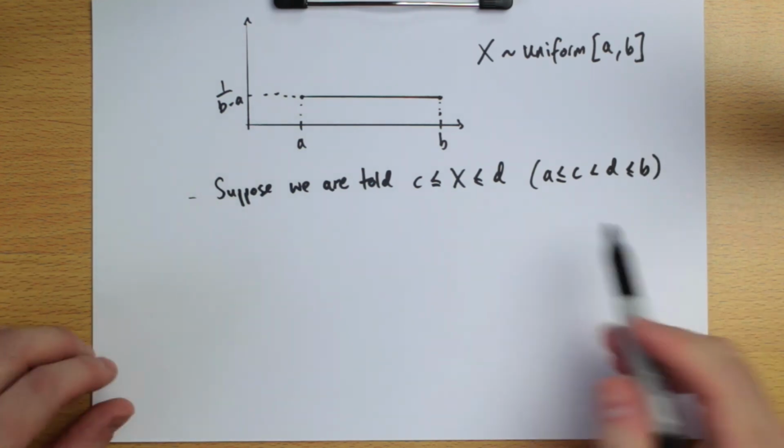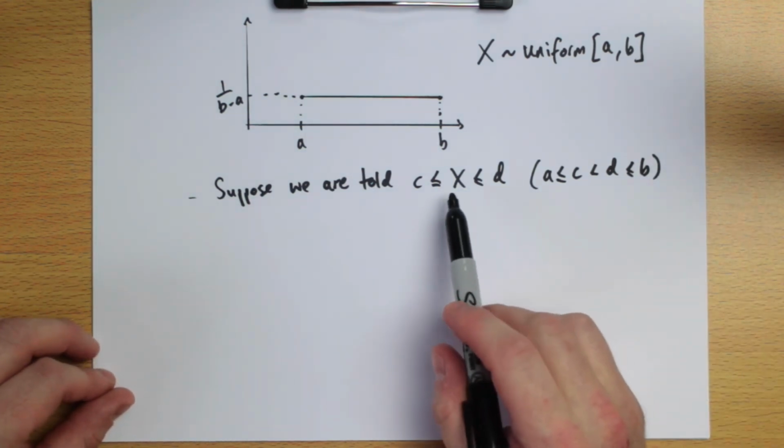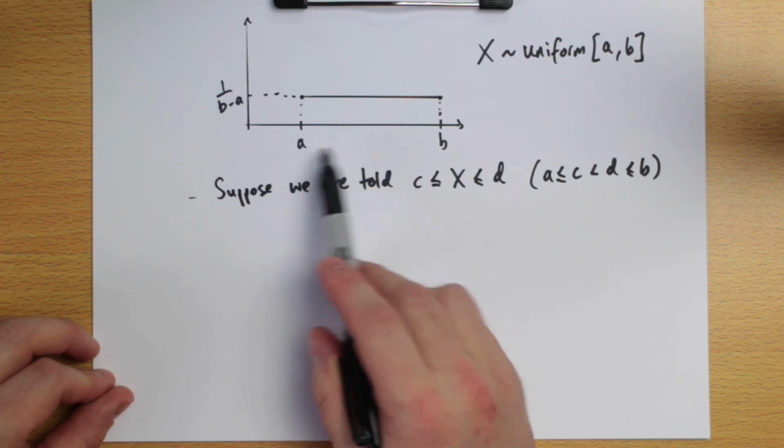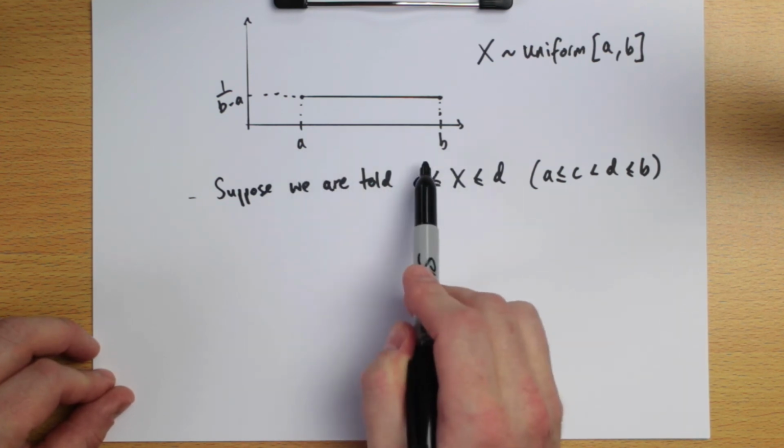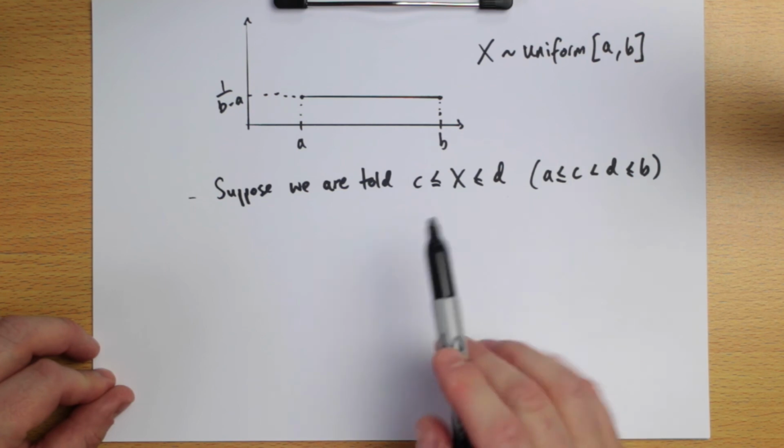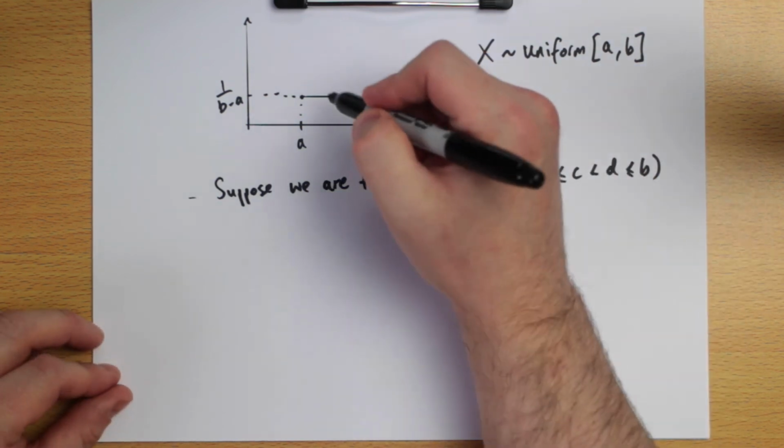So suppose we're told that our random variable that we initially believed would take values between a and b will in fact take a value between c and d.